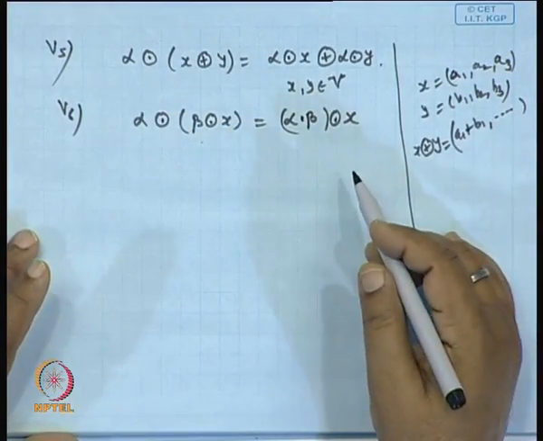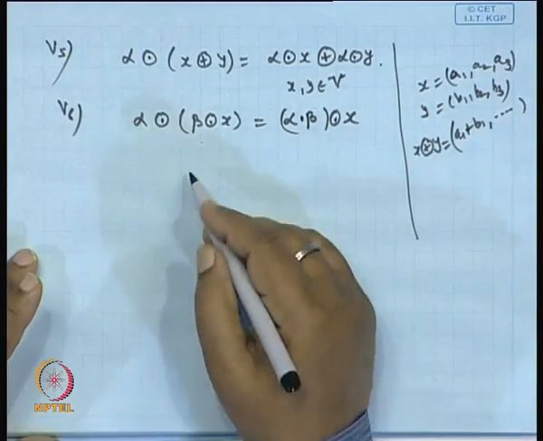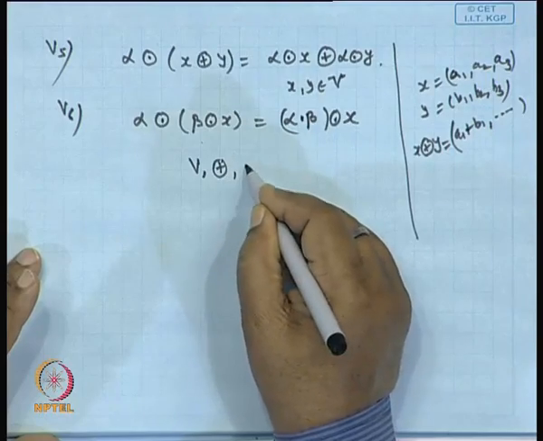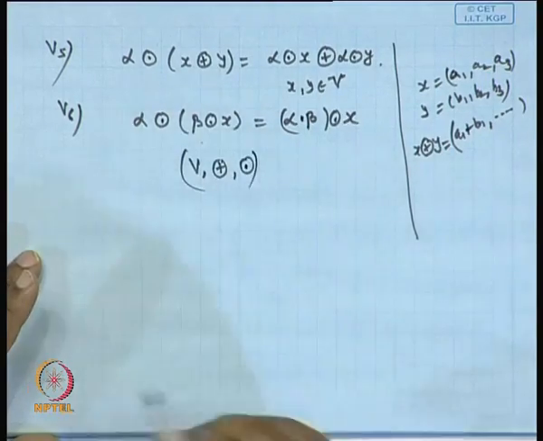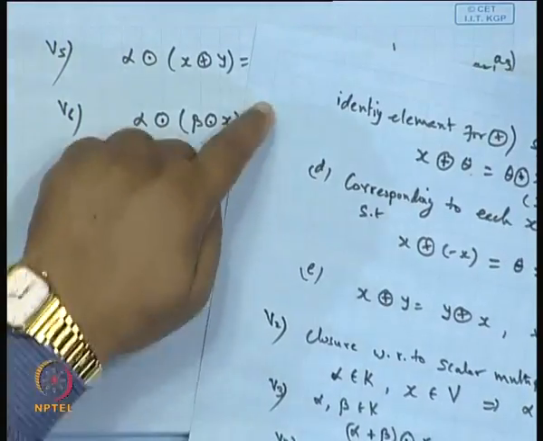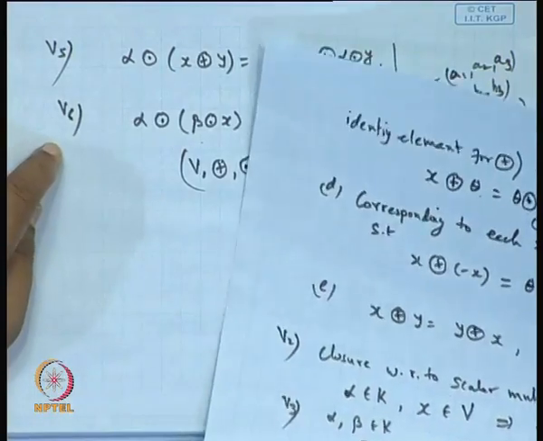So, if these properties are satisfied, then we say a vector V satisfies this property. How many total properties are there? If you look, there are 5 properties here in V1 and another 5 here. So, total is 10 properties.